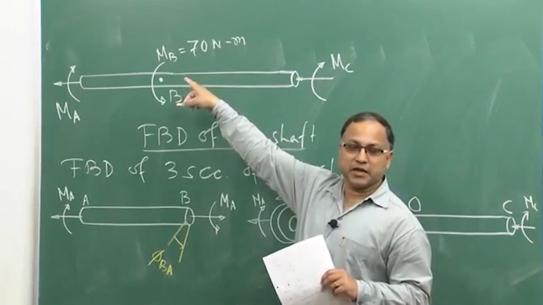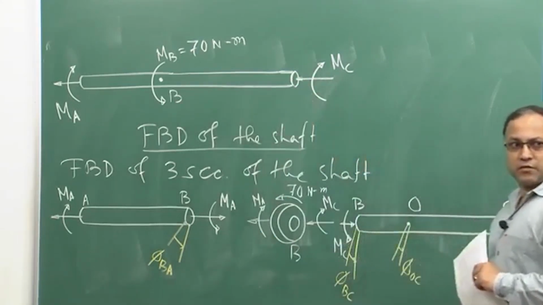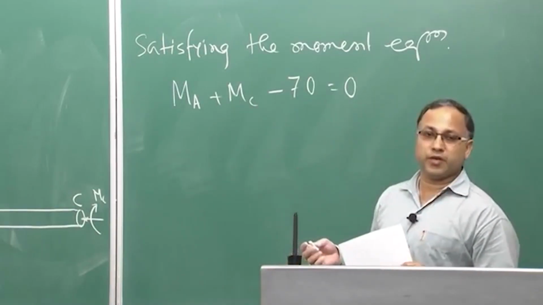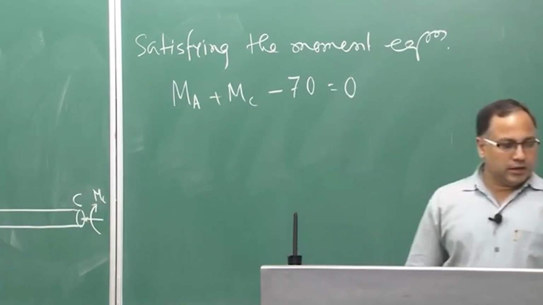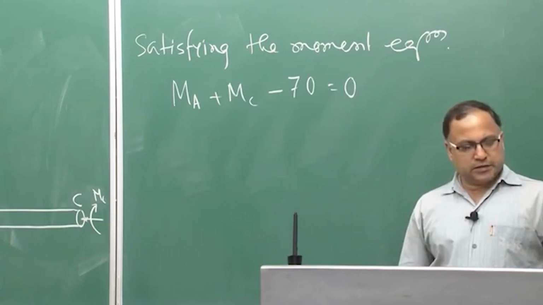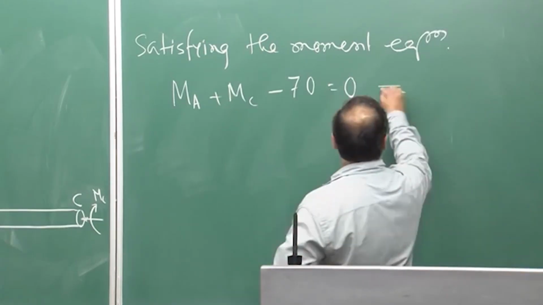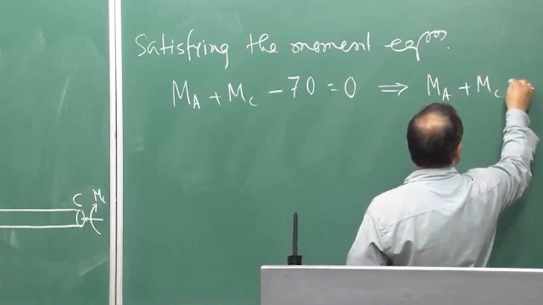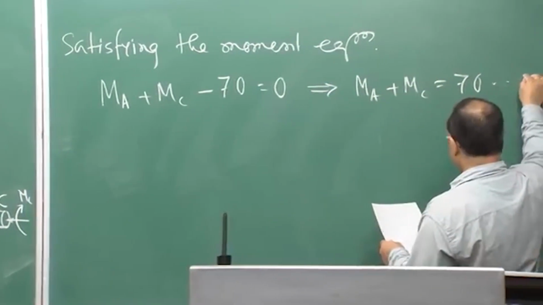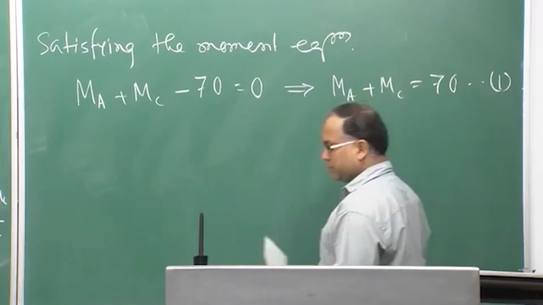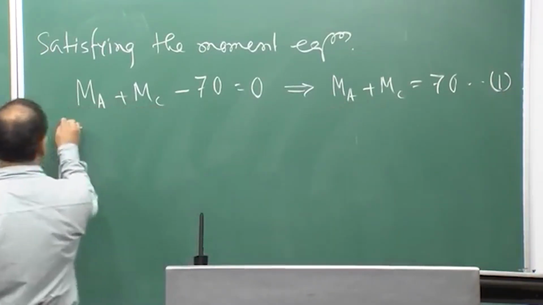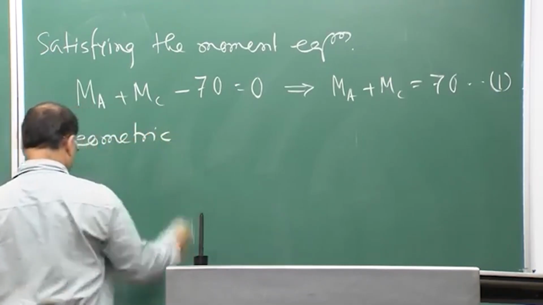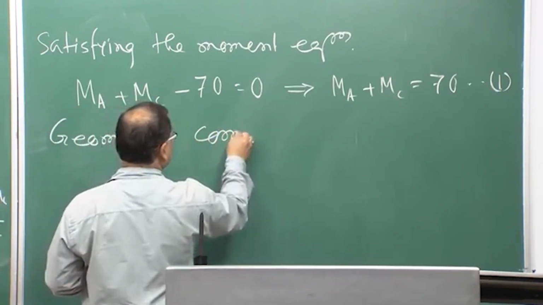Okay, as per this figure I can write this, and where MA and MC both are unknown to me. Okay, and this can be further written as MA plus MC is equal to 70, which is equation 1. Okay. Now coming to the geometric compatibility.